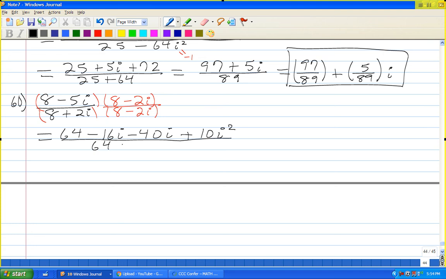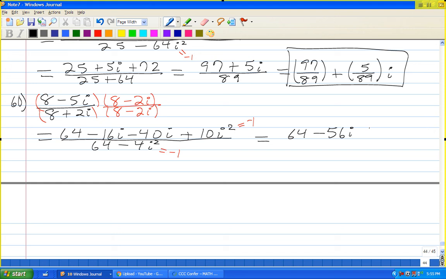Over, well again, 64 minus 4i squared. It's a difference of squares. Again, recall that i squared is negative 1. So this is equal to 64 minus 16i minus 40i is a minus 56i. Combine like terms.